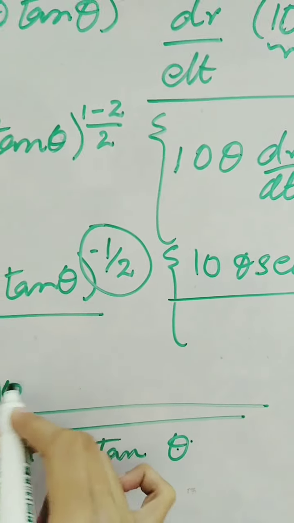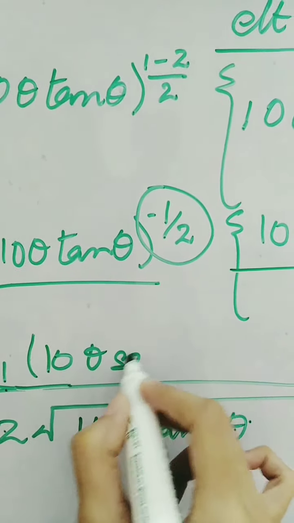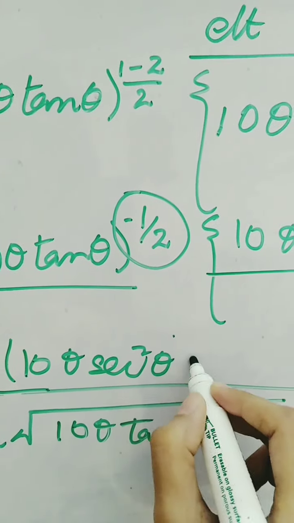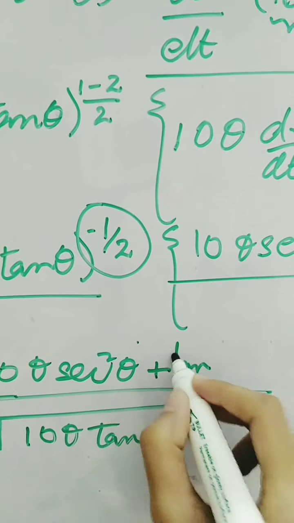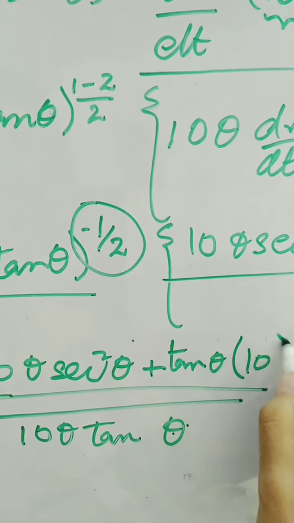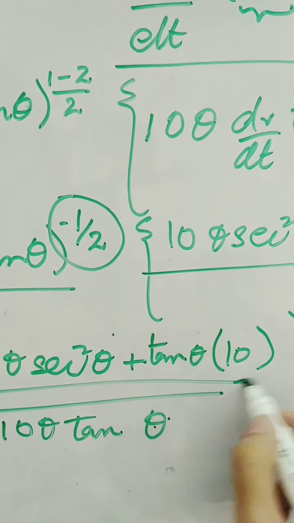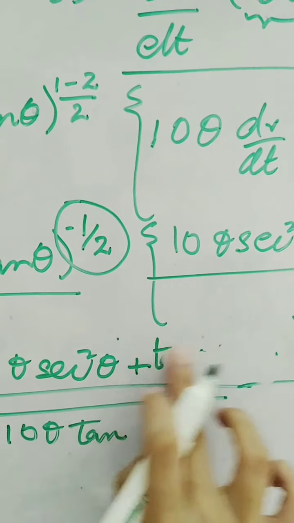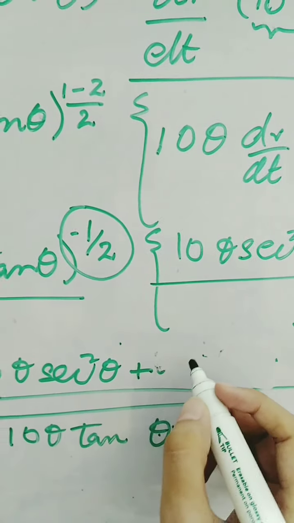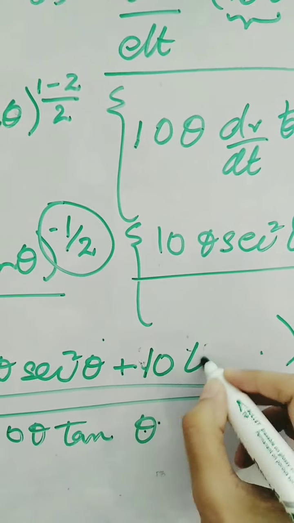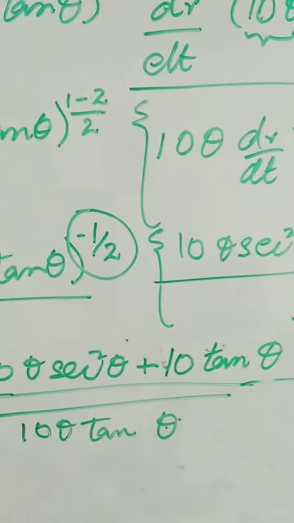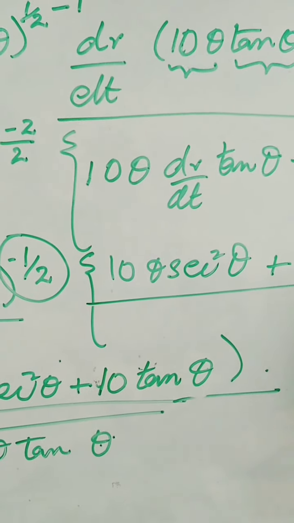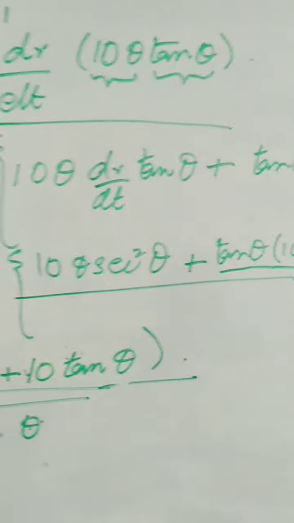So we have theta sec squared theta plus tan theta.